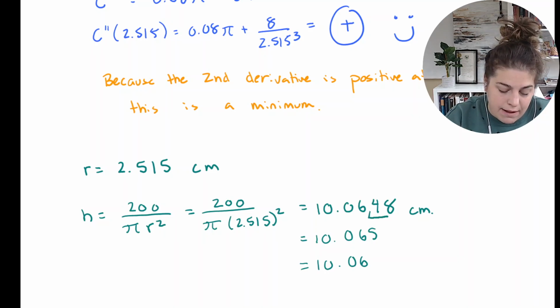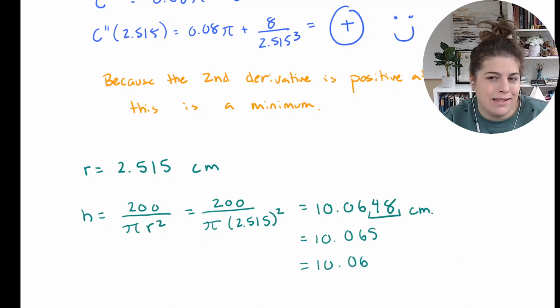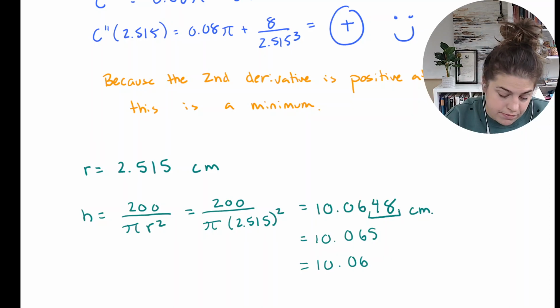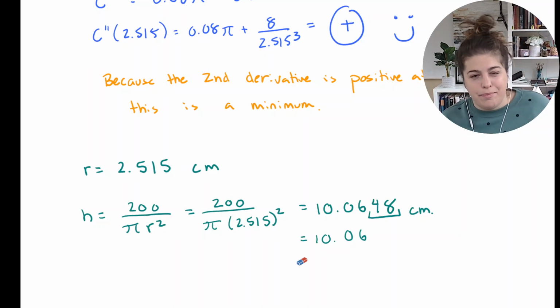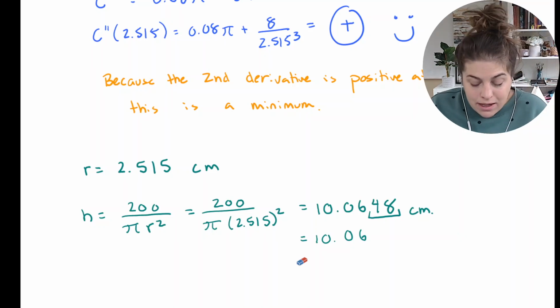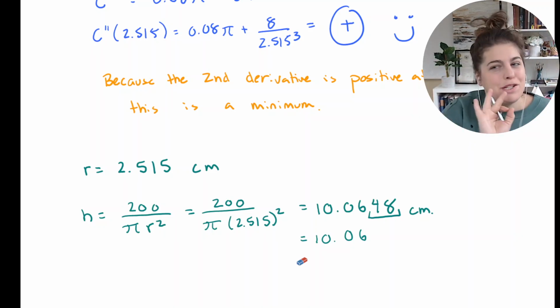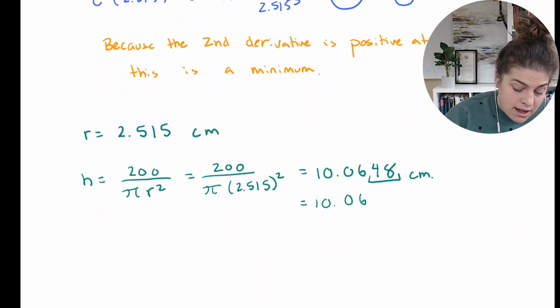And it's better to think about it as 48 is less than 50, so it's going to round down. Now this is quite sensitive to what you put in there, in terms of rounding for the radius. So whenever you're doing this, always watch the instructions that you're given for your rounding.